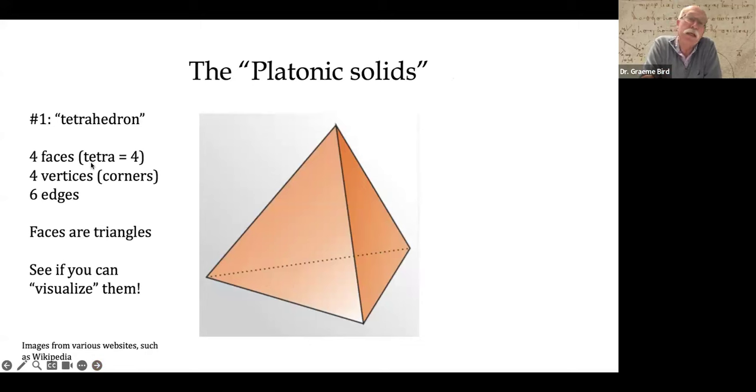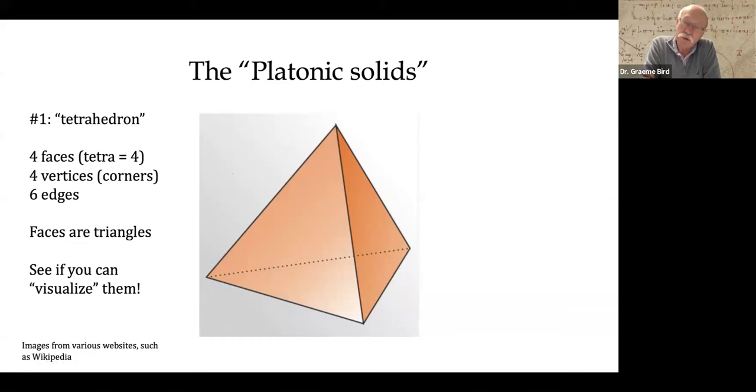Tetra is pretty close to the Greek word for 4. So 4 faces. Just try and visualize this. Can you see 4 triangles as the faces of this figure? And this dotted line is supposed to help show one of the edges in the background. So try hard. Can you see 4 triangles?